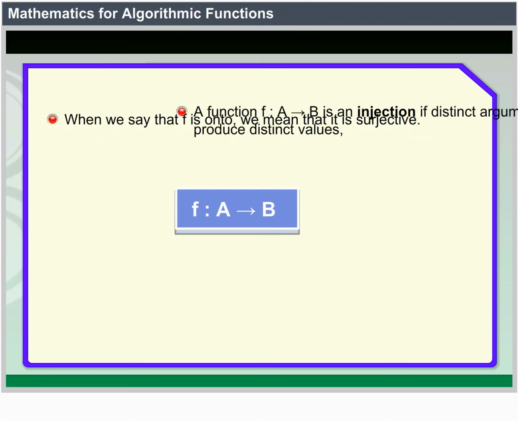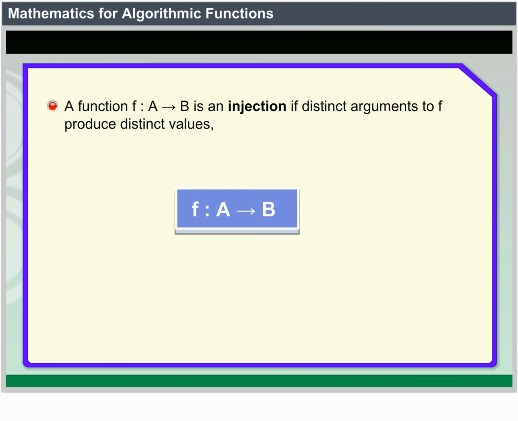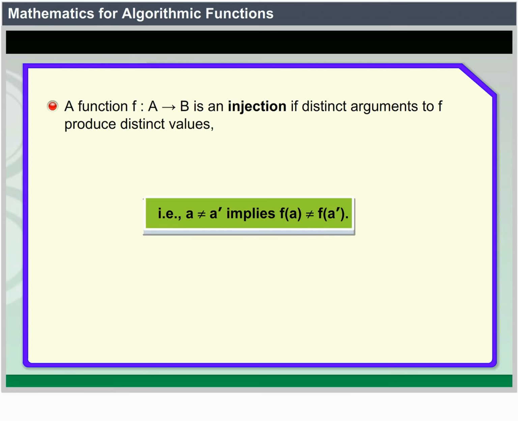A function f: A → B is an injection if distinct arguments to f produce distinct values. That is, a ≠ a' implies f(a) ≠ f(a').